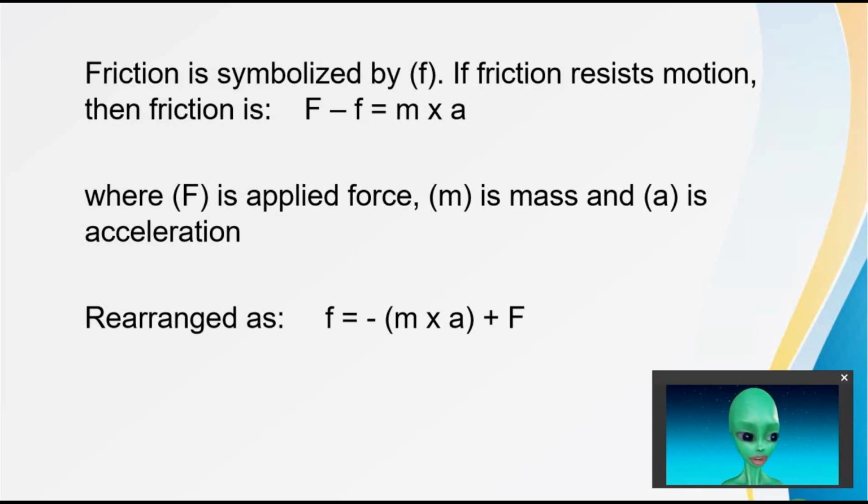So if we rearrange to get the equation of friction, we transfer force to the other side, and then we get this equation. Friction is equal to the negative product of mass and acceleration plus applied force.